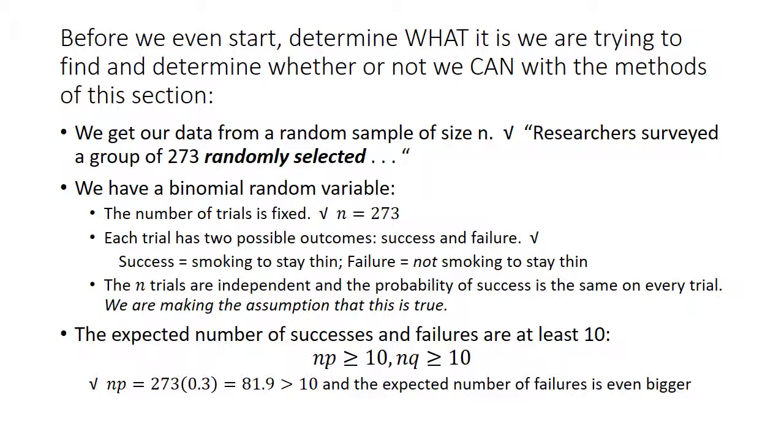If not, we would pawn it off on somebody else who has done more statistical study, and they would use more advanced research or more advanced methods. So, did we get our data from a random sample of size n? Well, in our problem, it tells us researchers surveyed a group of 273 randomly selected. That phrase right there, randomly selected. Yes, we have a random sample, and they give us a number, 273, size n.